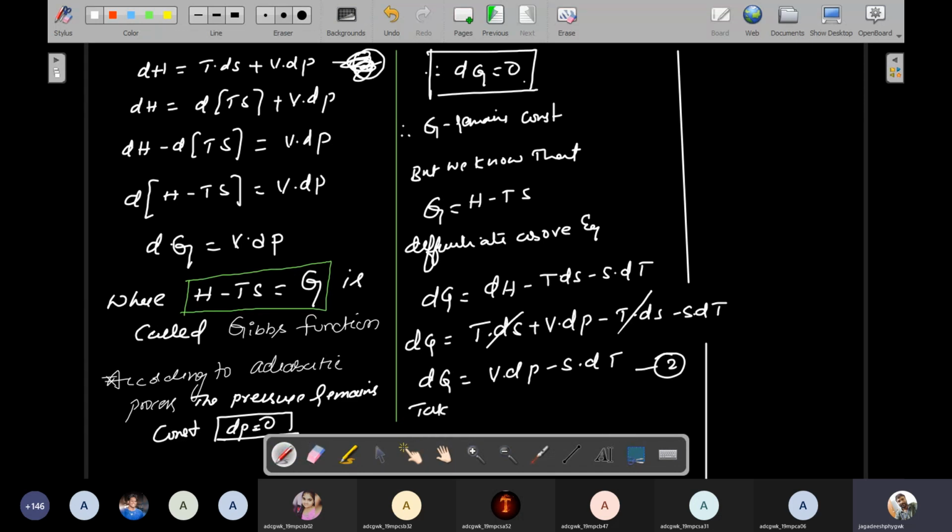Therefore, dou G by dou P at constant temperature is equal to V, so dou G by dou P is equal to capital V, and dou G by dou T is equal to minus S. Okay, so minus S.